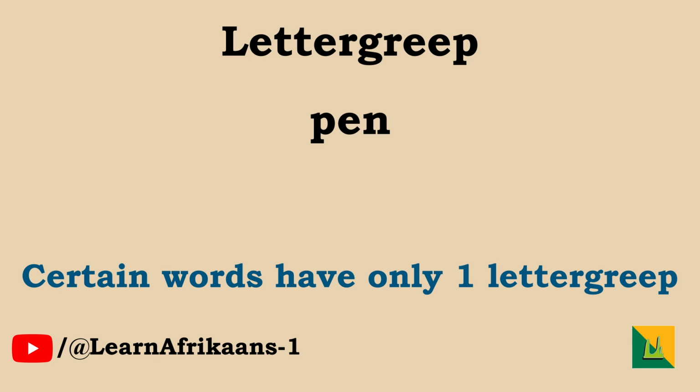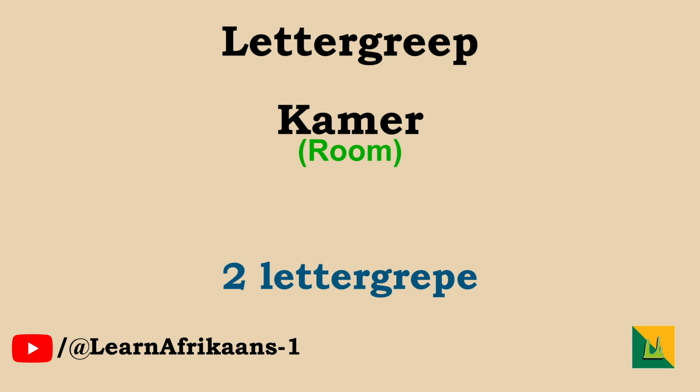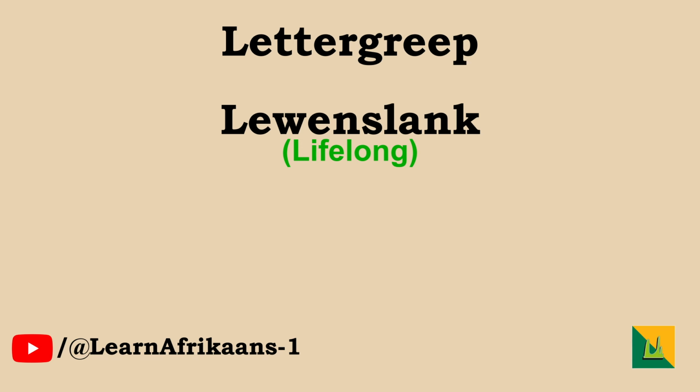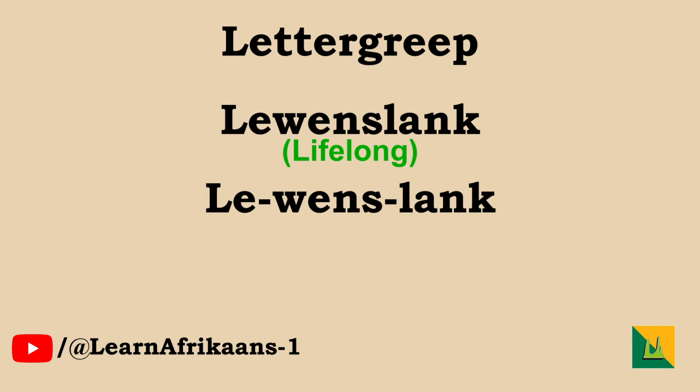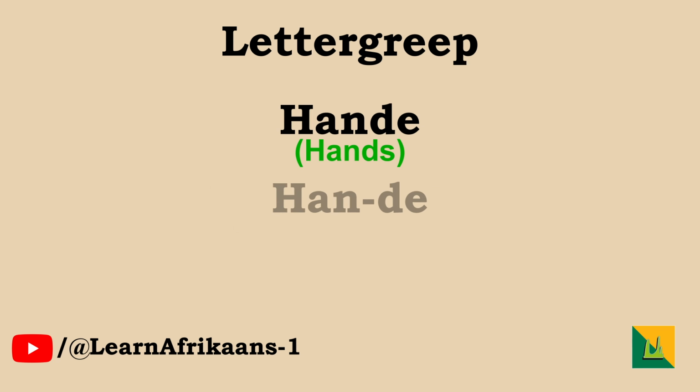For example, pen. Now let's look at some unique Afrikaans examples. Kamer has two lettergrepe, ka and mer. Notice the Vokale. Next example, lewenslank. Lewenslank. One more, hande. Hande.